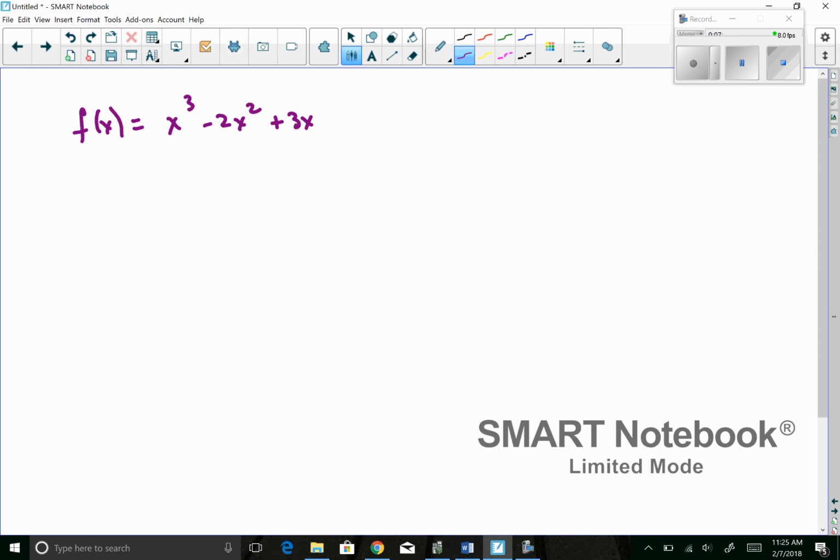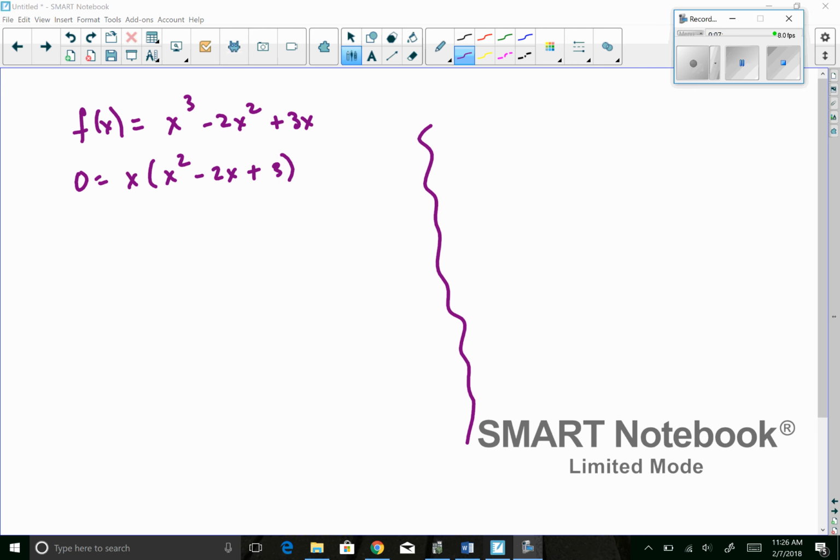Okay, so if it was just given like this and there was no other information given, try and factor it to solve. And this is a factorable expression. So if I was to factor to solve this, I'd say, well, the factors are x, because there's a GCF, and actually I have a typo here.